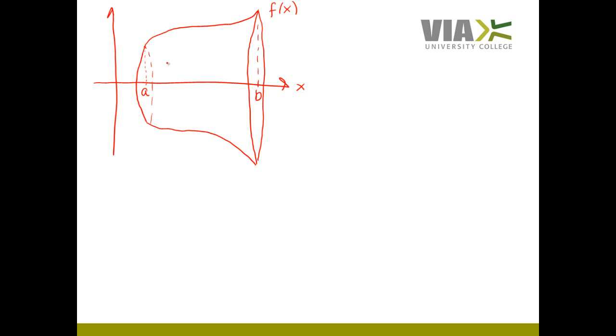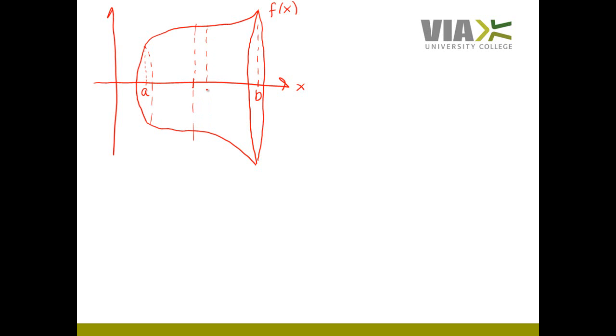Well, what we actually do is take our starting point in a small piece of this volume which we cut out, a small piece which we can call delta x. That could, for instance, be here.